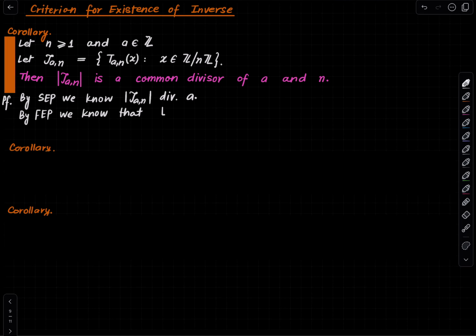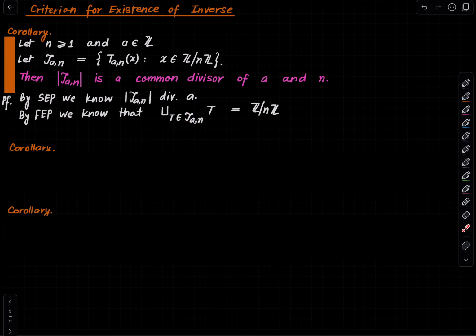So I'll make this symbol. You pick maybe t from this thing. This is equal to Z mod nZ. So what have I written? This thing is just saying that all the trajectories partition Z mod nZ. Right? That's part of the first equipartition property.